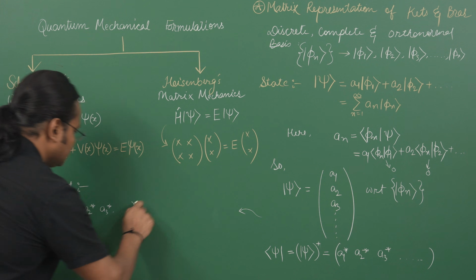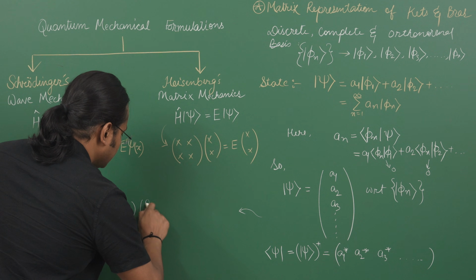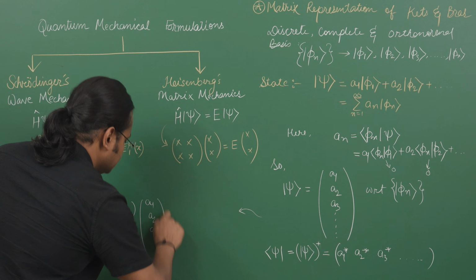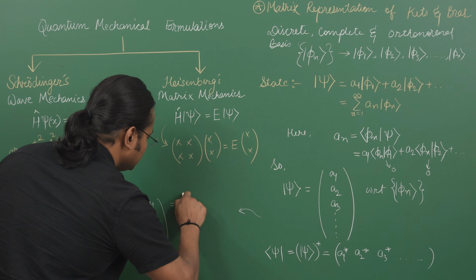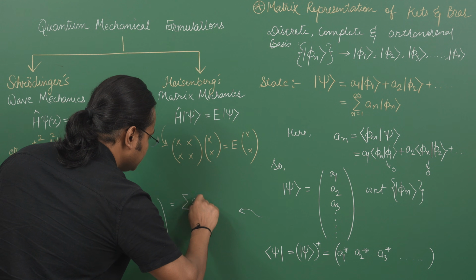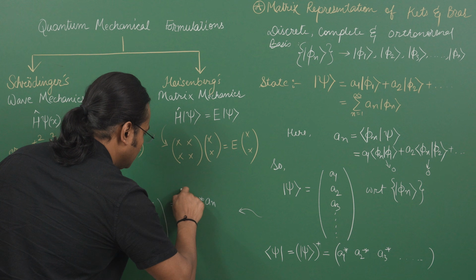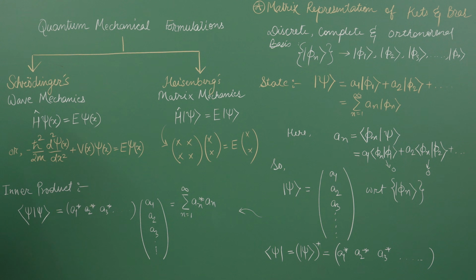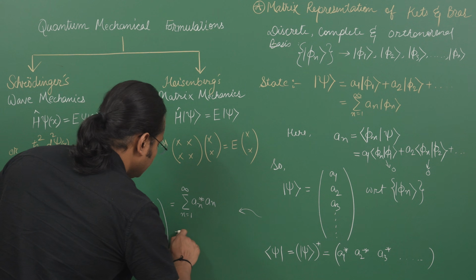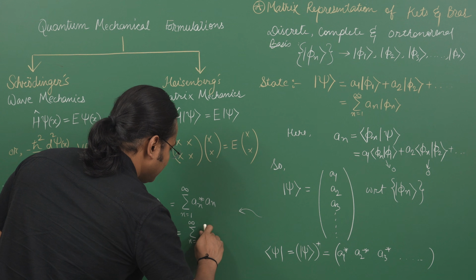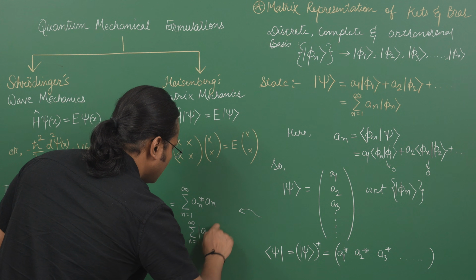This is the bra vector, and this is a1, a2, a3. This is the ket vector, which is nothing but the summation of an star an from n is equal to 1 to infinity. And this is simply, for the self inner product, an mod square.